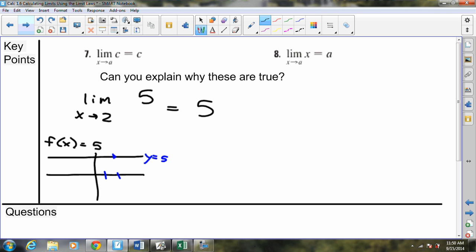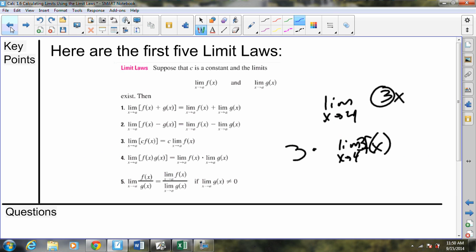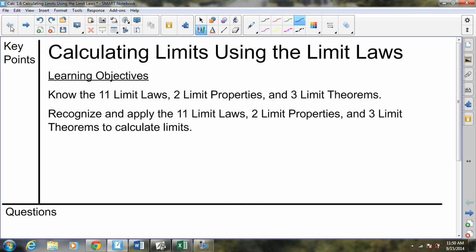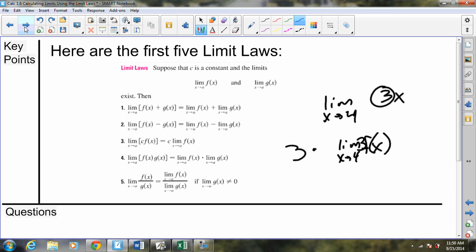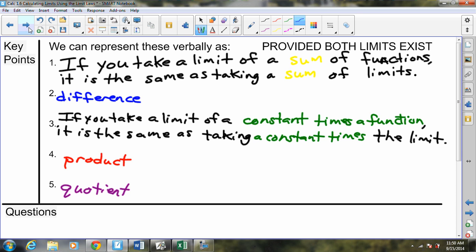Jumping to the other side, we have the limit of x as x approaches a. Yes, these are some of the laws. Specifically, we mentioned back at the beginning that there were 11 limit laws. Here were the first 5, numbered 1 through 5.